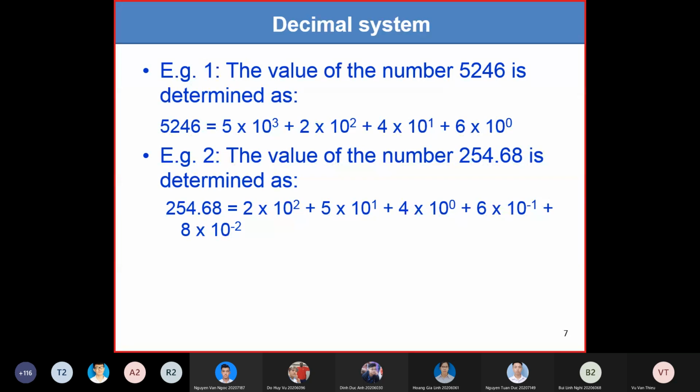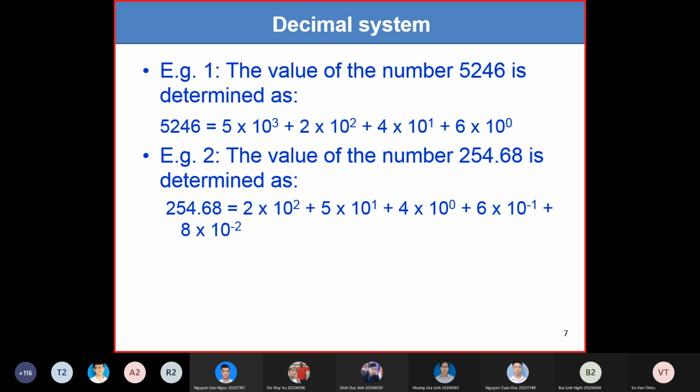And hence the value of 5246 equals 5 multiplied by 10 to the power 3, because the index of 5 is 3, plus 2 multiplied by 10 to the power 2, because 2 has index 2, plus 4 multiplied by 10 to the power 1, because the index of 4 is 1, and 6 multiplied by 10 to the power 0, because the index of 6 is 0. And of course it equals 5,246. This is simple because we use it every day.